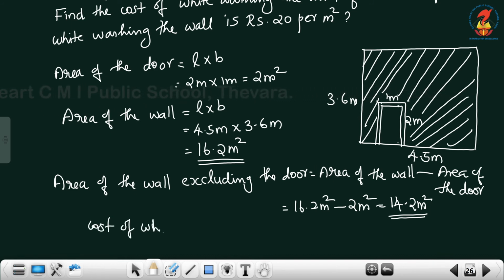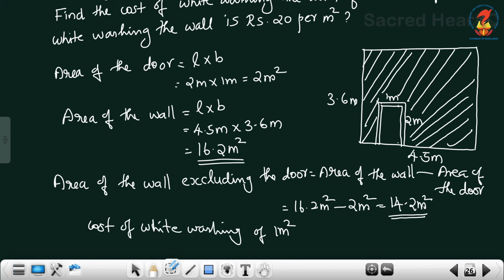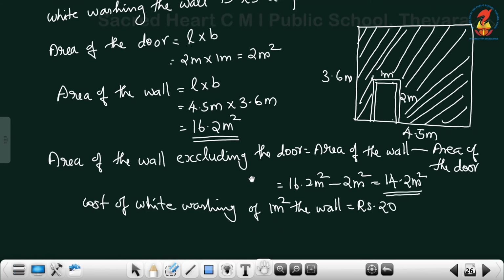Cost of whitewashing for 1 meter square equal to rupees 20.